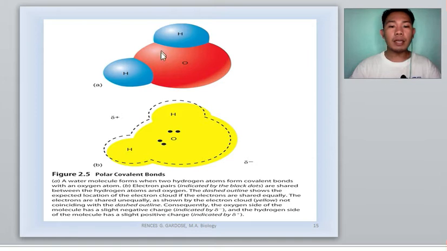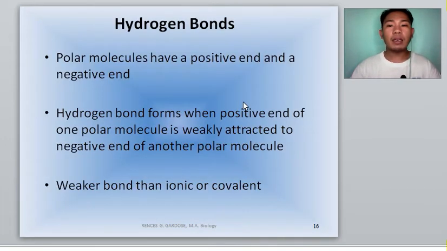This one illustrates a polar covalent bond, as in the bonding of the molecules of water, with two hydrogens and one oxygen. Another, we have hydrogen bonds. Polar molecules have a positive end and a negative end.